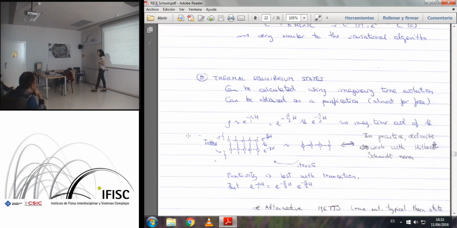The identity is a very nice MPO because the identity on an n-site system is the product of identities on each site, right? So the identity, I told you before, is an operator like this. So for an n-site system, it's just something like that. It's just a product of this thing, an MPO with bond dimension 1.